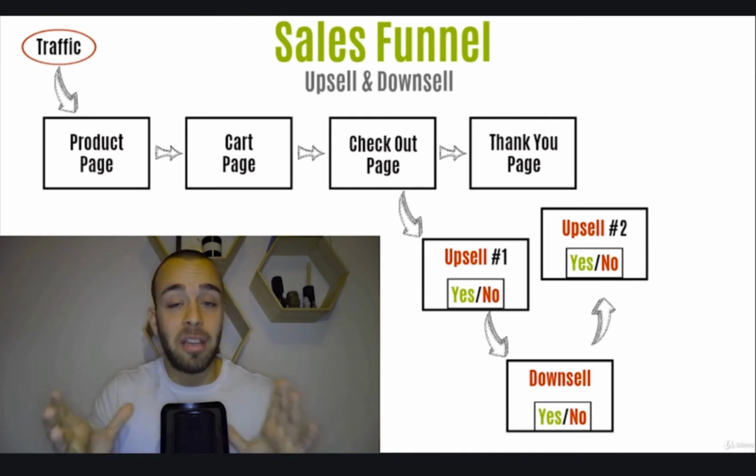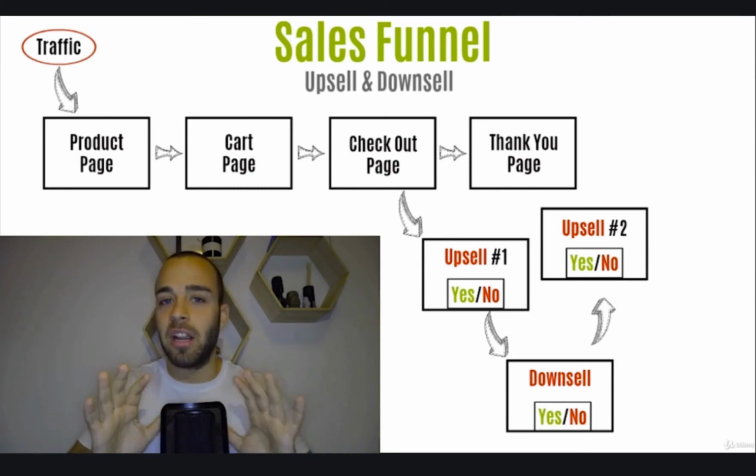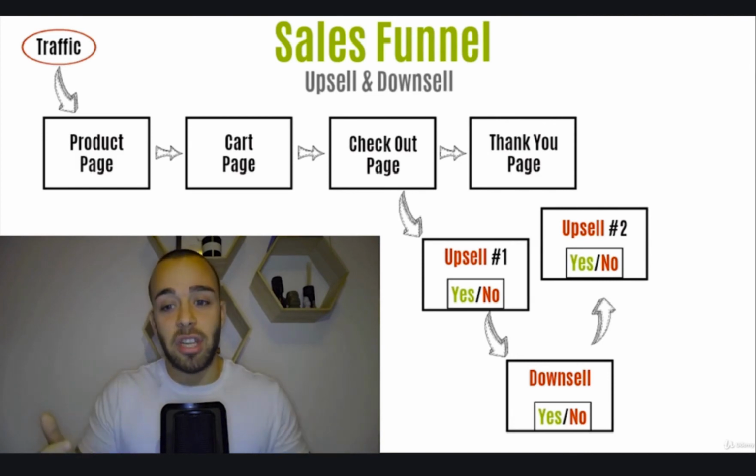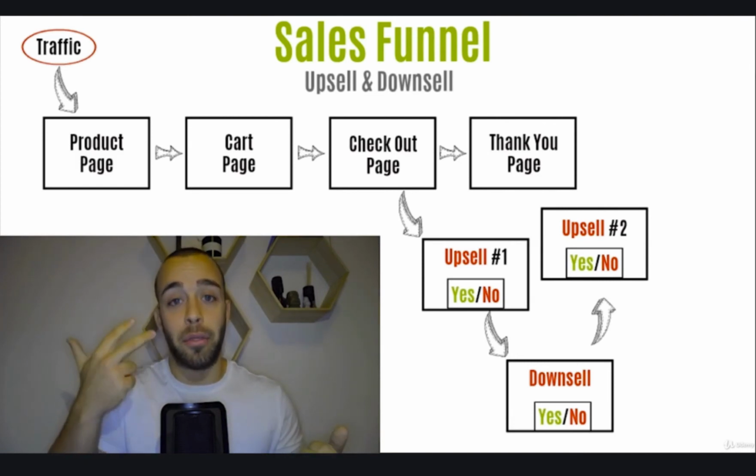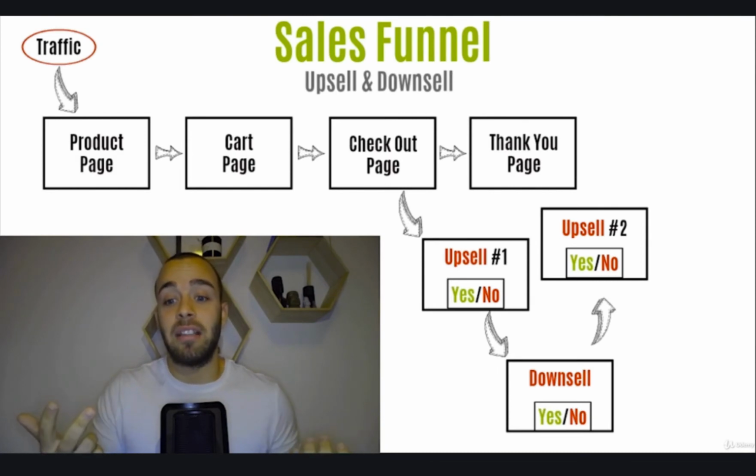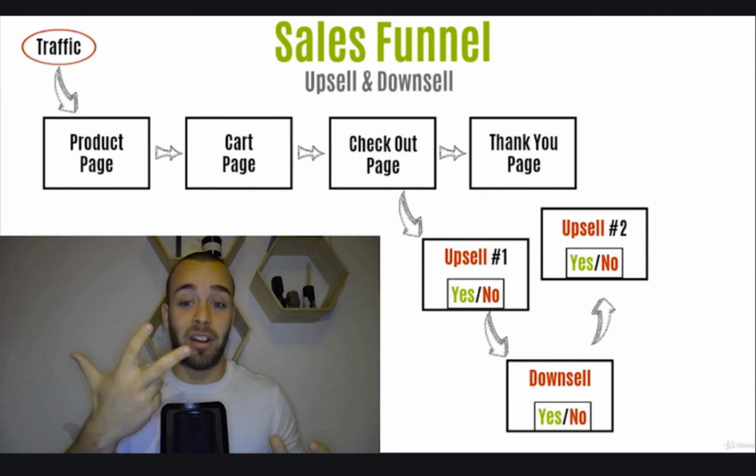Maybe they took their percentage offer there, or maybe they didn't. Regardless of their decision, we're sending them to upsell page 2, the third product. Here they can decide to say yes or no.